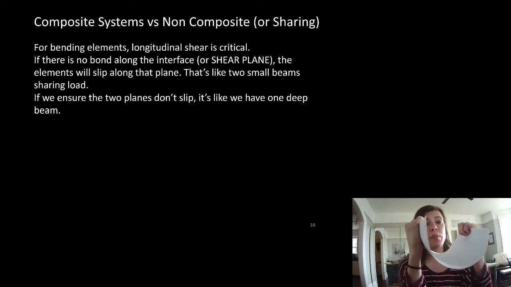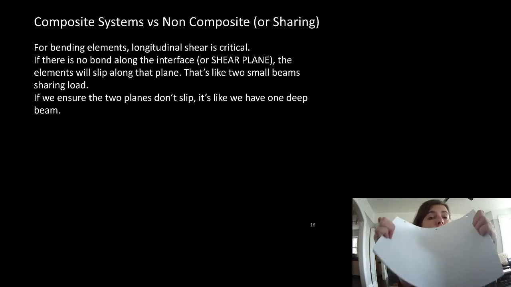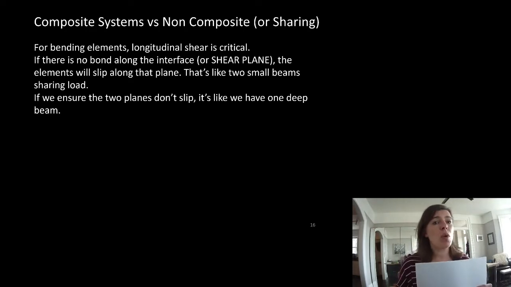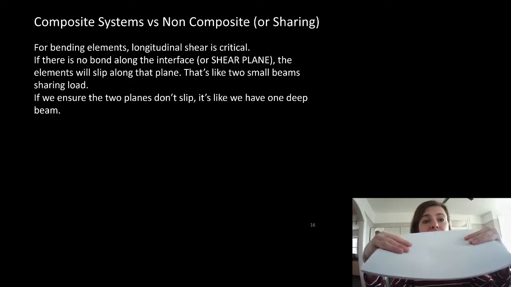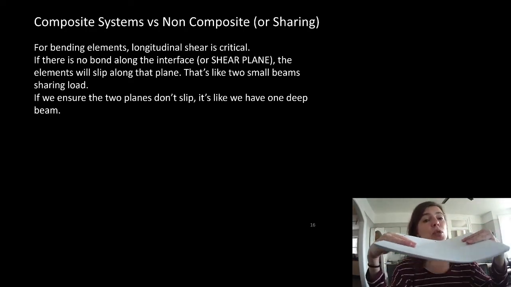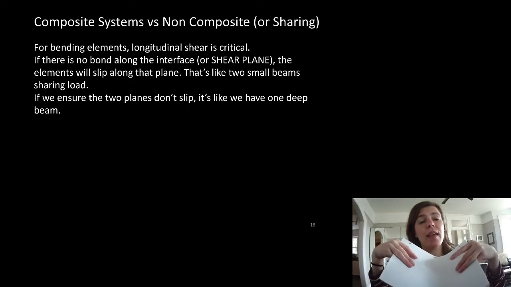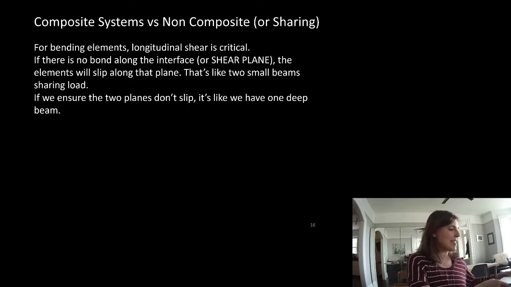If they do slip, I've got 50 sheets of paper, which is better than one sheet of paper, for sure. But 50 sheets glued together is one piece of paper 50 times as thick as one sheet of paper. And you're thinking, that's the same thing, Shannon. But it is not. And we're going to show that in math in just a second.